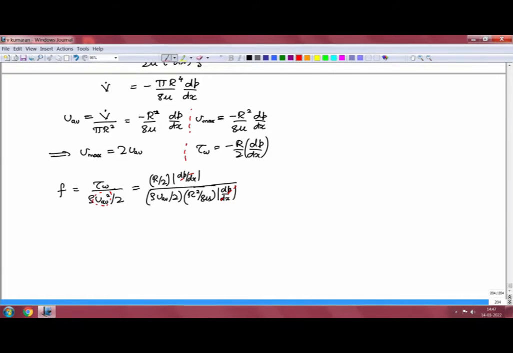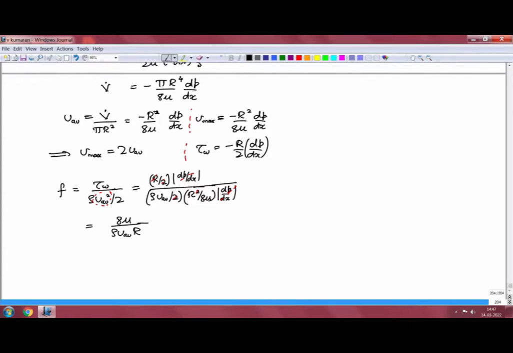So, you can see that this r will cancel out with one r here, these two will cancel out, and if I simplify this I will get 8 mu by rho V average times R. That is the expression for the friction factor.